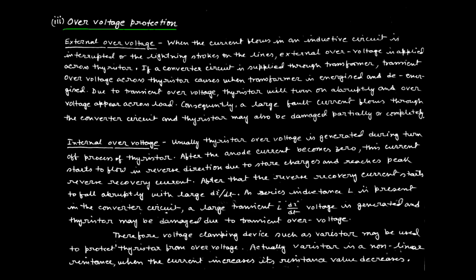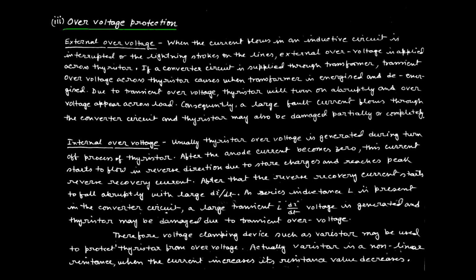After that, the reverse recovery current starts to fall abruptly with large di/dt. As series inductor L is present in the converter circuit, a large transient L di/dt voltage is generated and the thyristor may be damaged due to transient overvoltage.